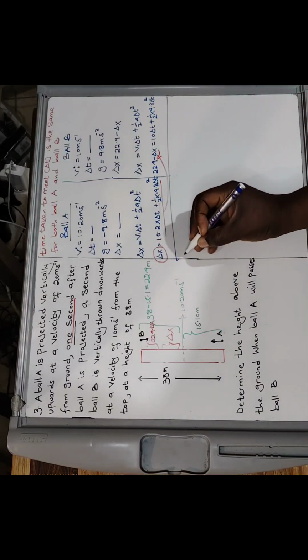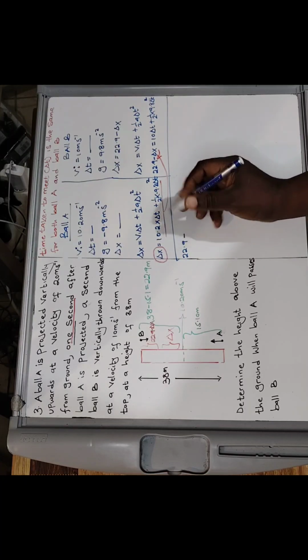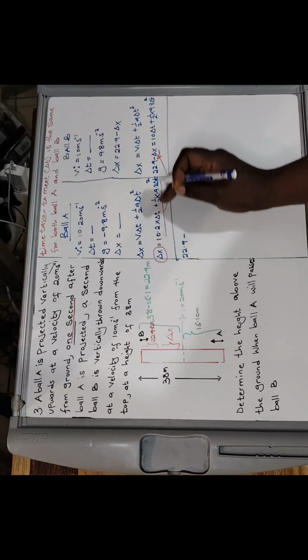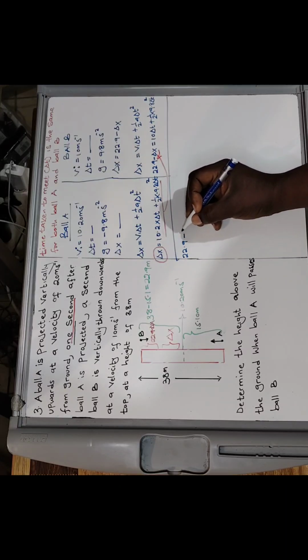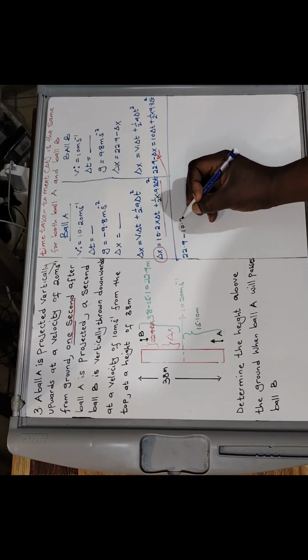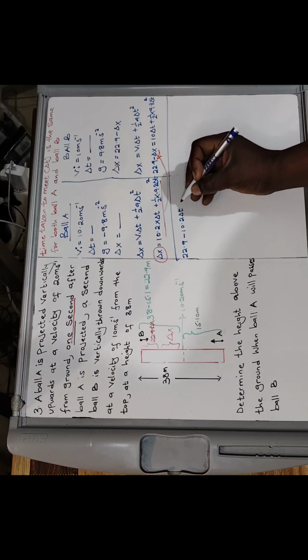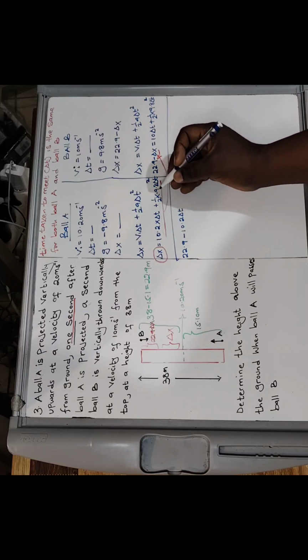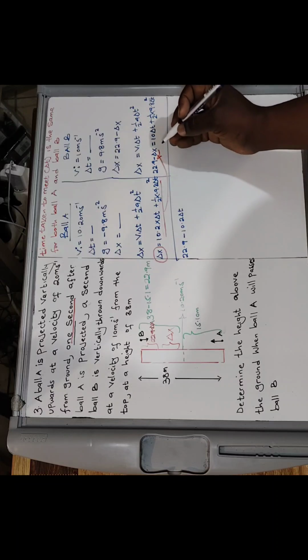So I'm going to say 22.9 minus this as my entire delta x, which is going to be 10.2 delta t. Okay, this is negative, so it becomes a plus, because this minus applies to the entire delta.